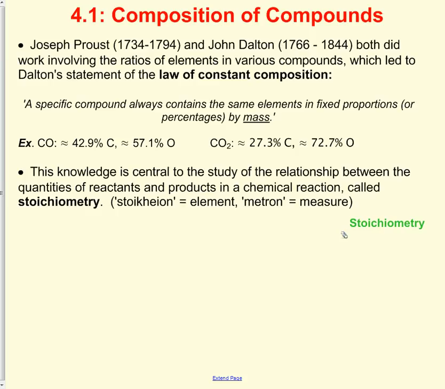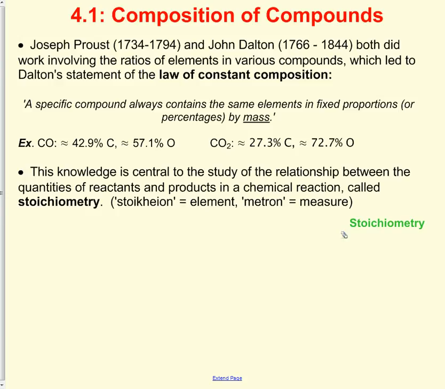We'll get to that a little bit later on once we've covered relative atomic mass in this course. Then we can use the atomic masses from the periodic table to come up with those proportions for each of the elements.